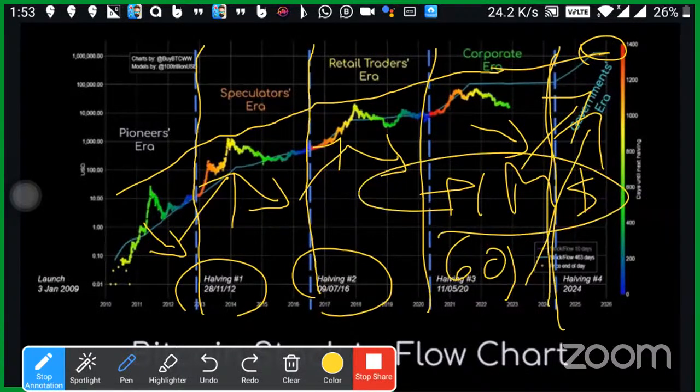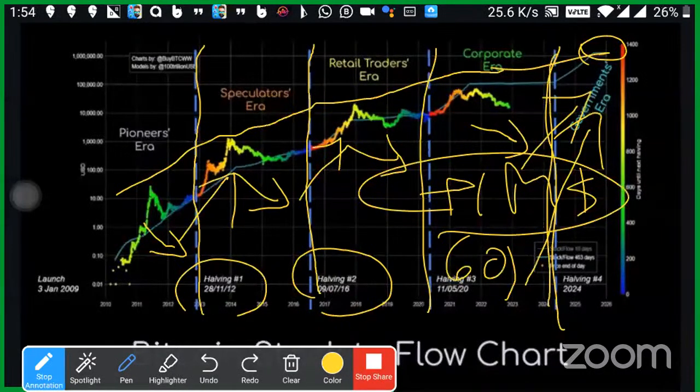So if you study this chart carefully, you will agree that these are not hopes or dreams. These are actual facts. This is happening before and after every halving, and this is going to happen again.